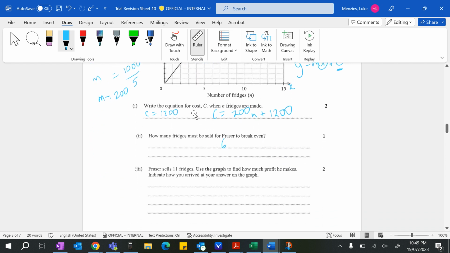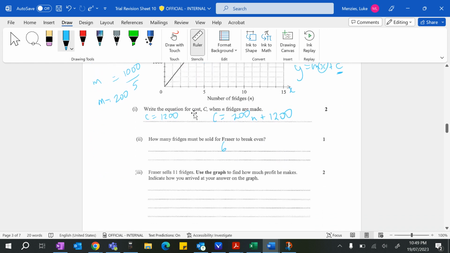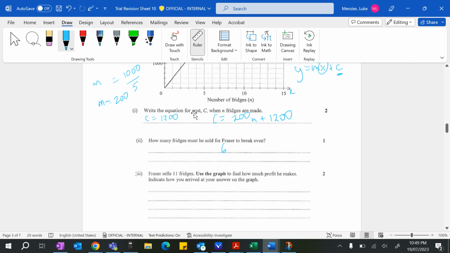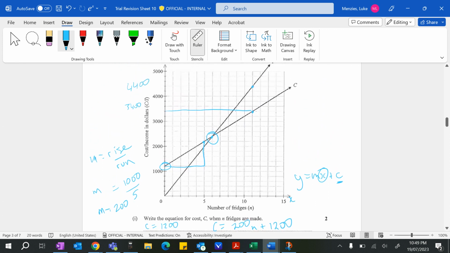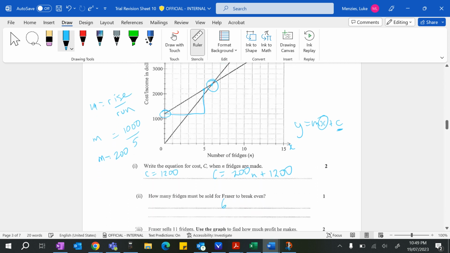So use the graph, indicate how you arrived. You could say cost equals 3,400, and you've drawn the graph. You have shown how you've arrived at the answer. Make some drawing that's still showing your understanding.